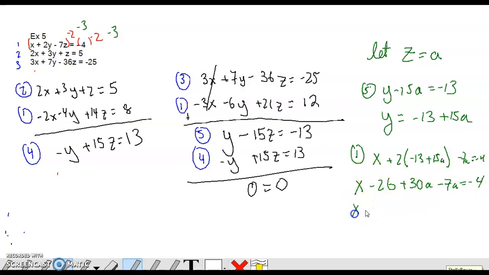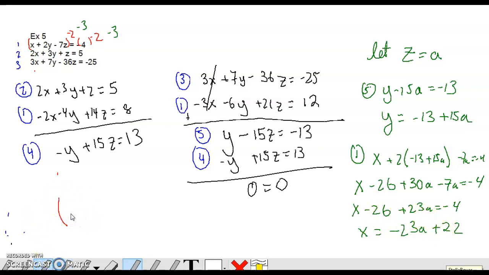So combine those terms: 26, and then plus 23a, negative 4. Add the 26 over and subtract the 23a over to the other side. So negative 23a plus, it should be 22, I believe. And that is your x and your y and your z.